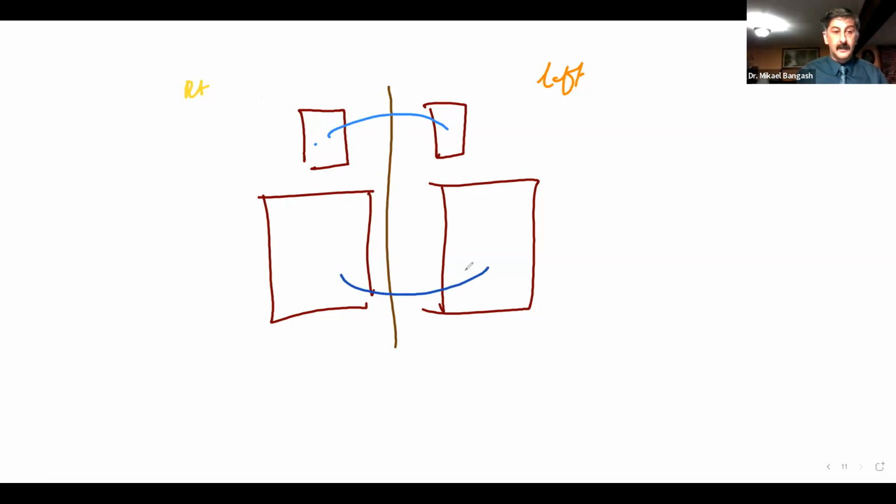So you can see that these two here make up a pair, and these two rooms here make up a pair. And these top smaller pair of chambers we will call a pair of atria.